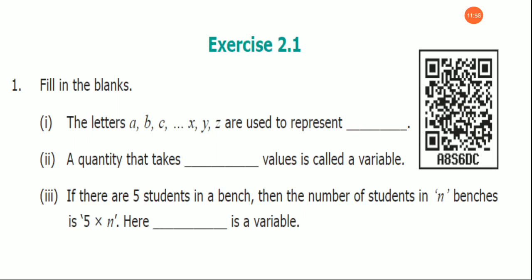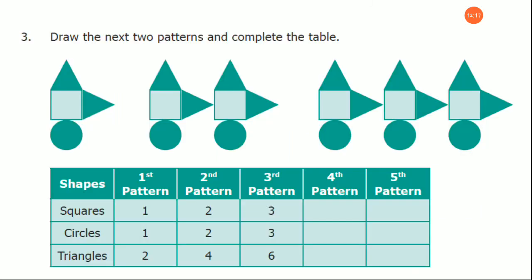Here dash is a variable. They are telling you there are n benches. We don't know the exact number of benches. It might be 1, 2, 3, maybe 100, 200, anything. So what is the variable here? The variable is n. Clear?